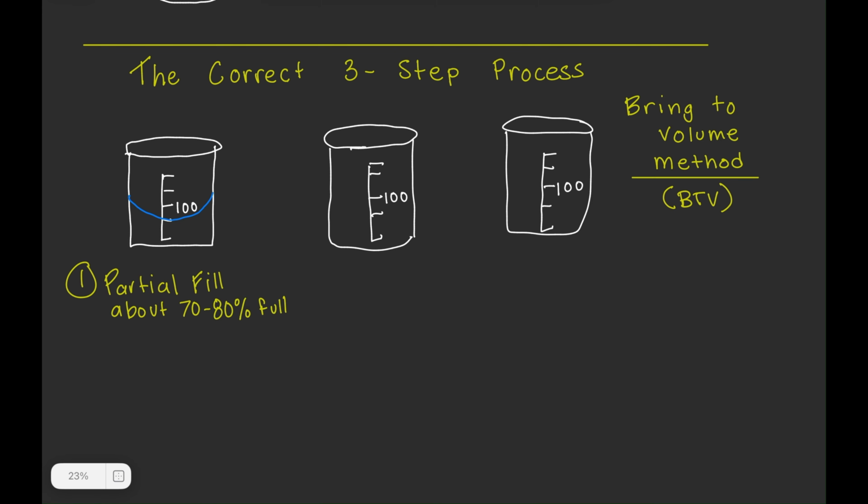In step two, we're going to dissolve completely. So we're going to take all of our solute and we're going to stir that into the solution. And so we'll have all of our solute kind of down here.